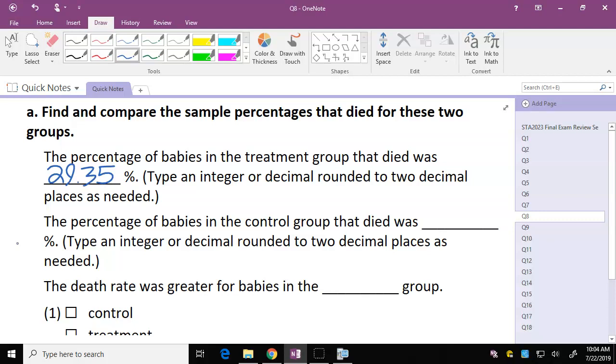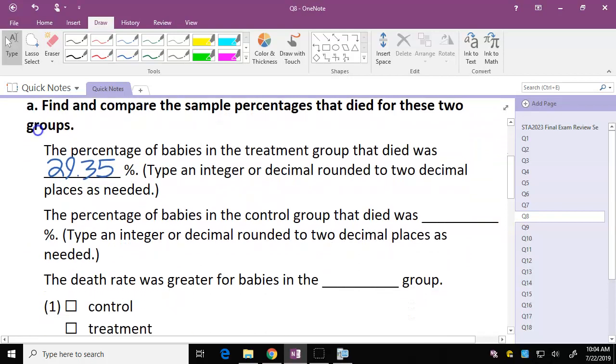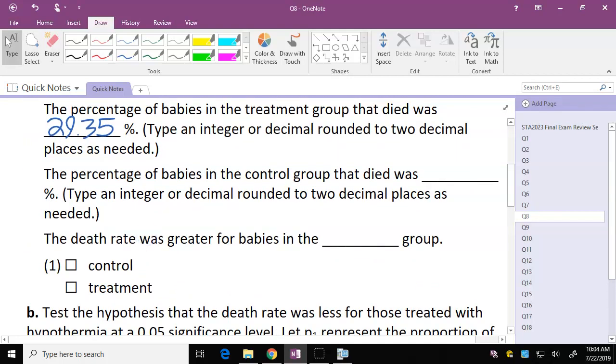All right, the percentage of babies in the control group. So that was the 44 out of the 99. So what is that? 44 point, but it still wants you to round to 2 decimal places, right? So 44.44%. Yes, it is a repeating 4.